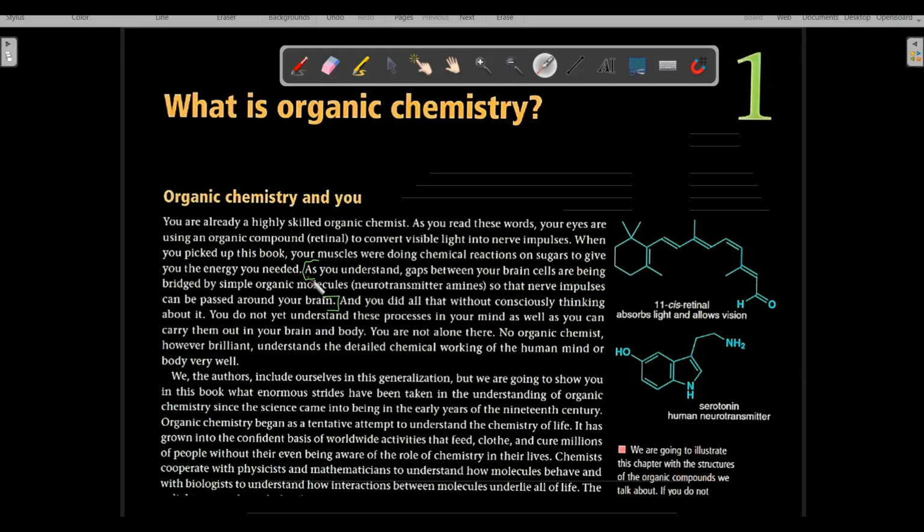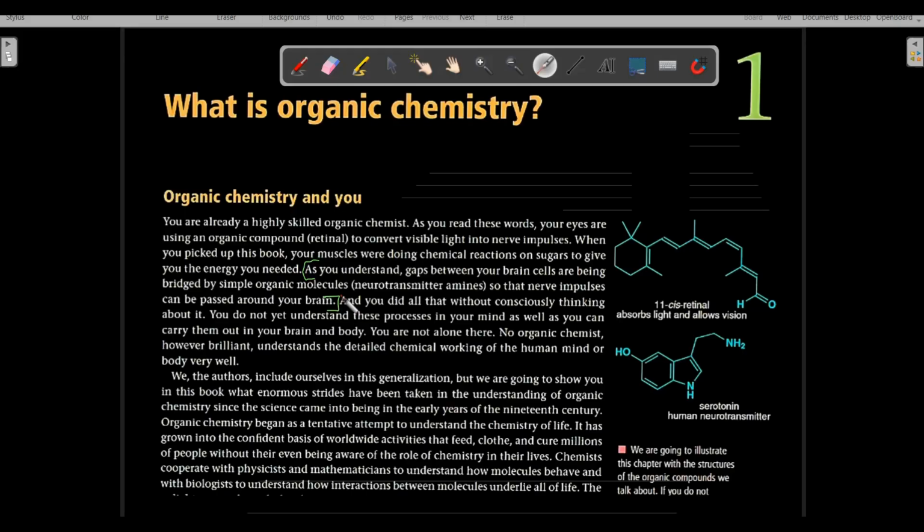So as you understand, gaps between your brain cells are being bridged. There are gaps between your brain cells, and those gaps are being bridged by simple organic molecules, neurotransmitter amines, so that nerve impulses can be passed around your brain.